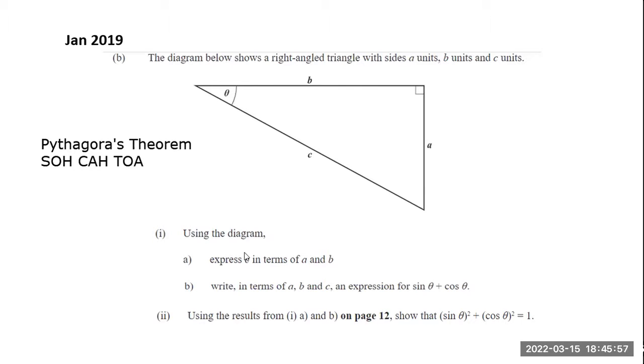Okay, guys, so by now we should be finished with part A if it was an exam setting.